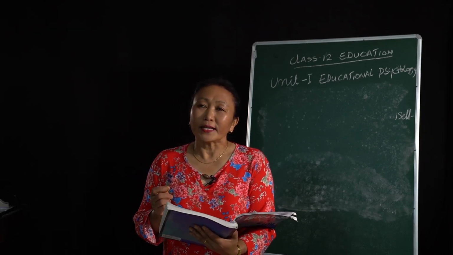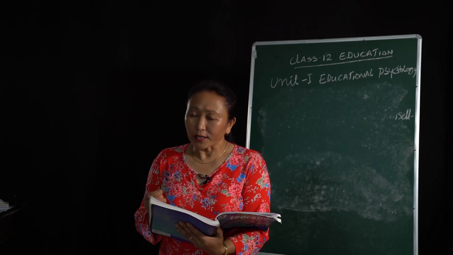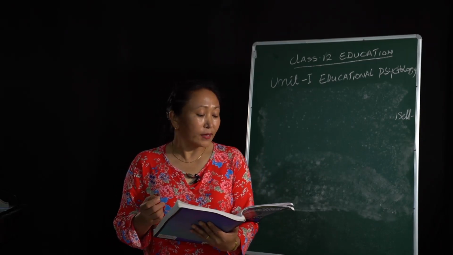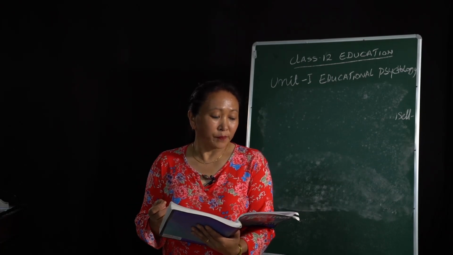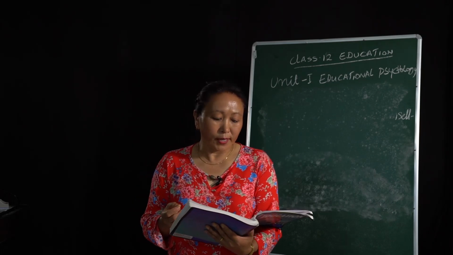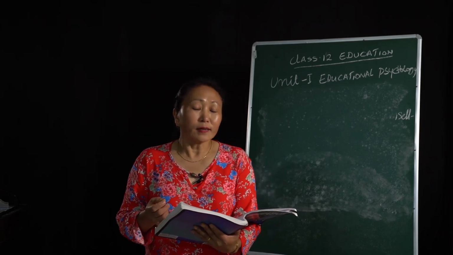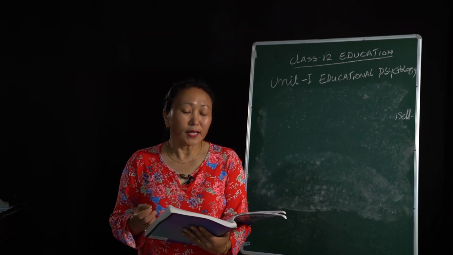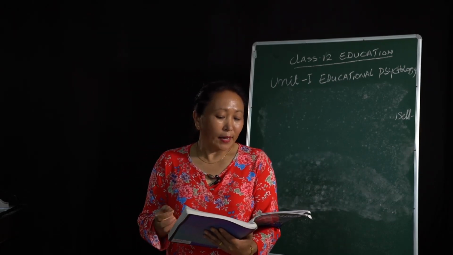Therefore, it covers not only the external behavior, but also the internal behavior or the inner experience. The third one is the behavior of living organisms. It includes animals, normal as well as abnormal, and children as well as adults.